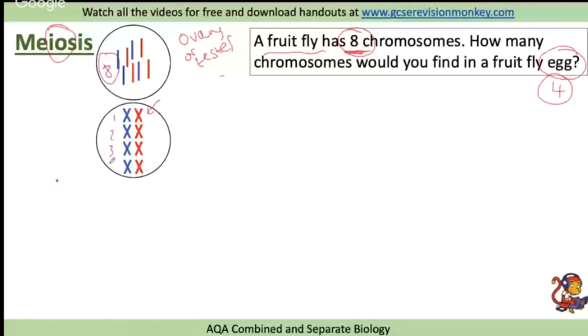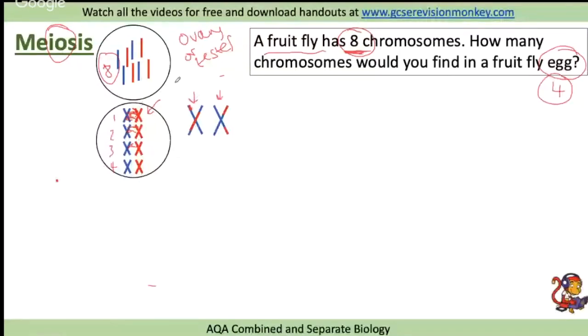So if this is a human, the pairs would go down to 23. And at this point, they start to switch over their DNA from chromosome to chromosome. So there's some switching, which means the chromosomes will look a little bit like this. And this switching here is what causes variation.